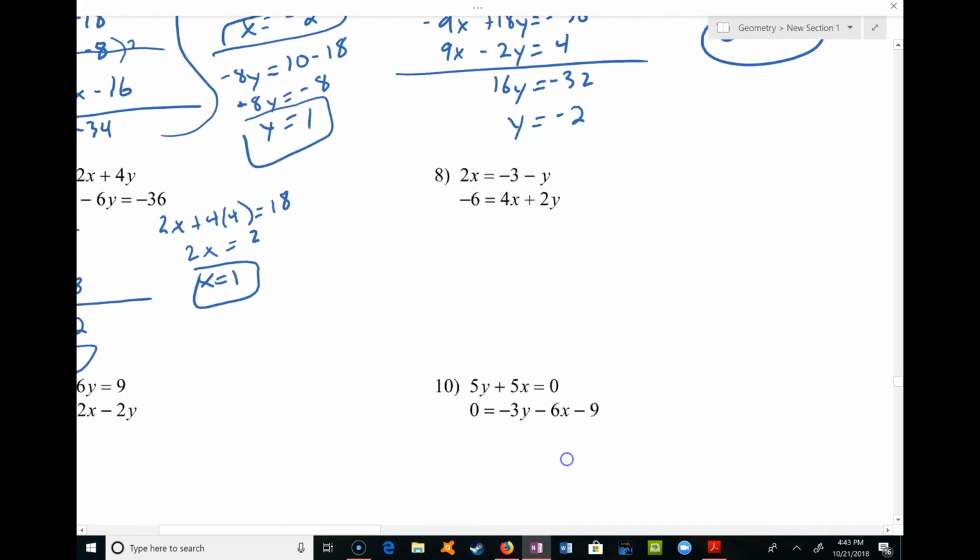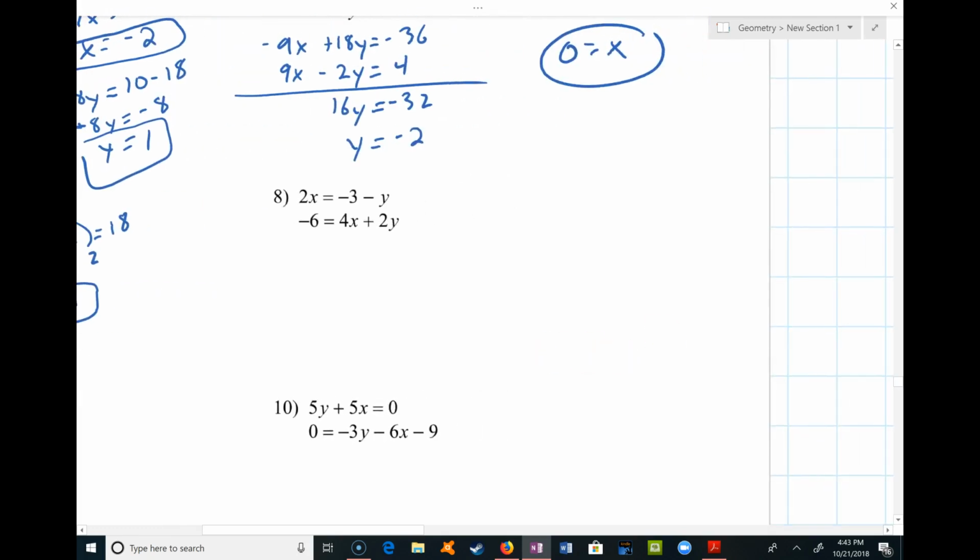Awesome. So on this one here, it looks like I've got 2y and a -y. That's pretty close to what I want. So I will just multiply the top one by 2, and that'll match them up.